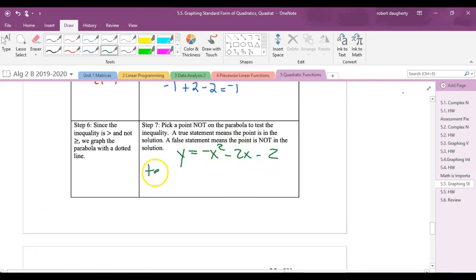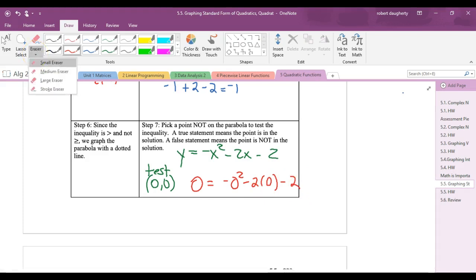So I'm going to test the point 0, 0 and see if that makes a true statement, okay? So let's just put in a 0 for y equals negative 0 squared minus 2 times 0 minus 2. Sorry about this, let me back up. It's not equal to, it's greater than, right? Is the original greater than?